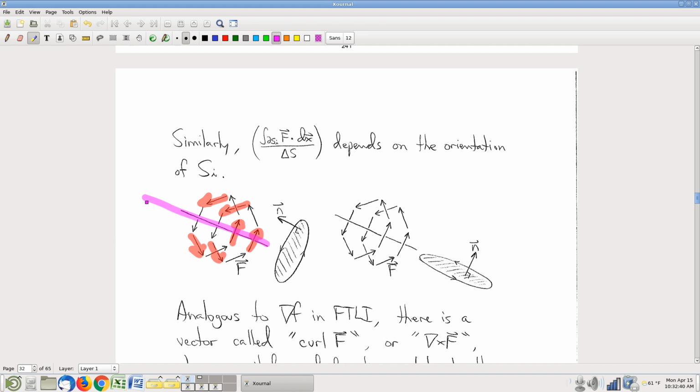Right? So you're going to notice that if you look at circulation around that way, right? So in other words, again, it's hard to draw the picture, but if your fluid is flowing around like this, and if you are moving around a curve that's kind of, if you will, going around the same way, right? Then you're going to notice a lot of circulation. The vector field is going along the curve as you go around the curve.